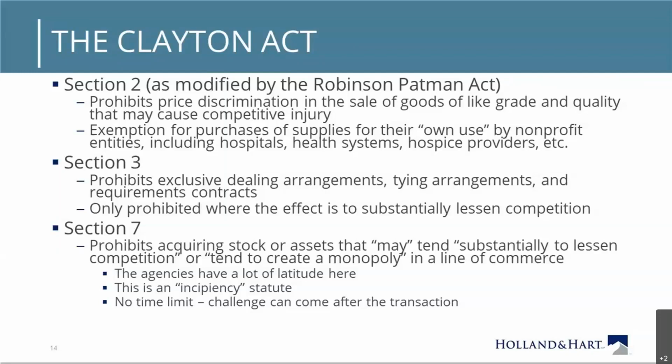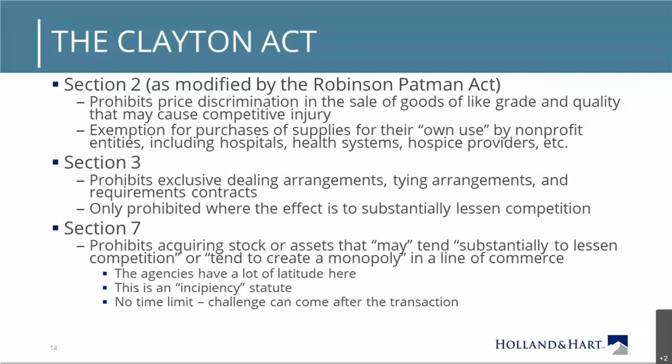There is an exemption that is very important for healthcare, and that is supplies that are being purchased for their own use by nonprofit entities, and this includes hospitals, health systems, hospice providers, and so forth. So because of these exceptions, and because of, frankly, a lot of other exceptions to the Robinson-Patman Act, it very rarely comes up in enforcement.